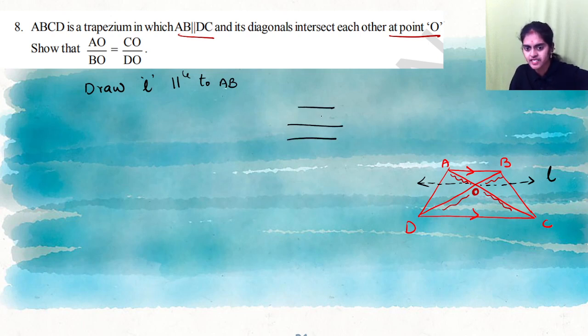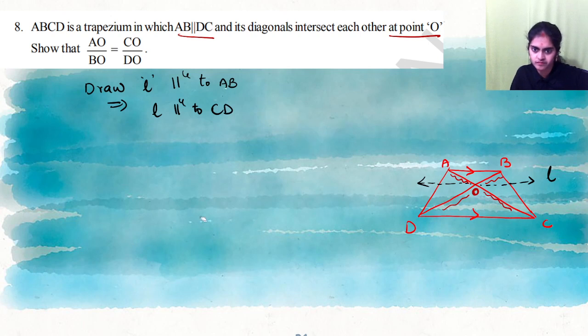You are drawing L which is parallel, so all these three lines are also parallel. So L is also parallel to whom? CD. Till here, did you all understand? Okay, so let this point be E and let this be F, where it is intersecting. Let it be EF.